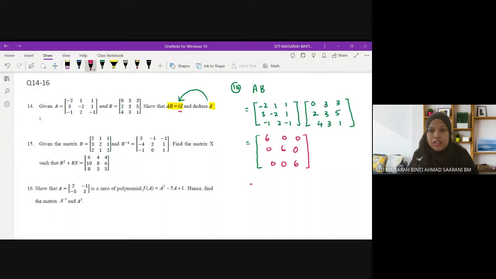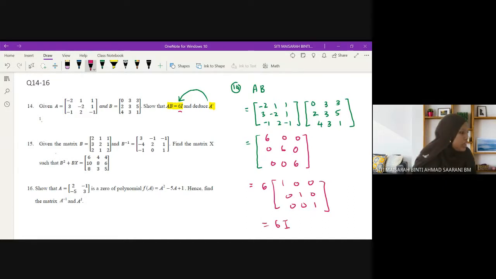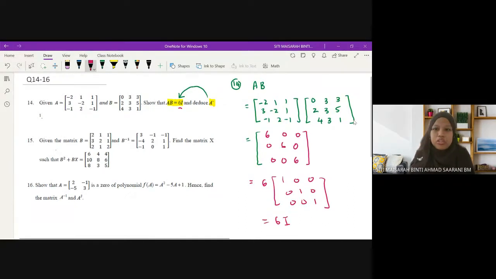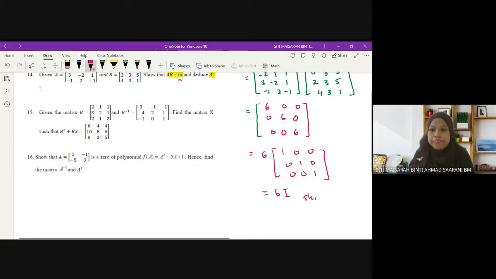So then we factor 6 and then we get 6I. So this is 6I. Okay. And then after that kita dah show, nak deduce dia.